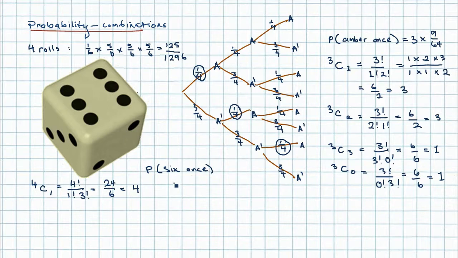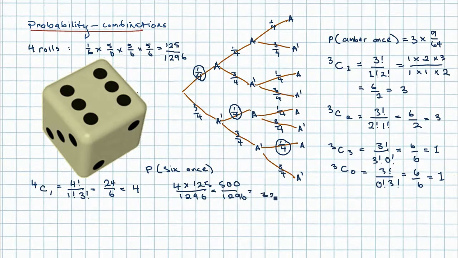So the answer would be 4 times 125 divided by 1296. So 4 times 125 is going to be 500 divided by 1296.